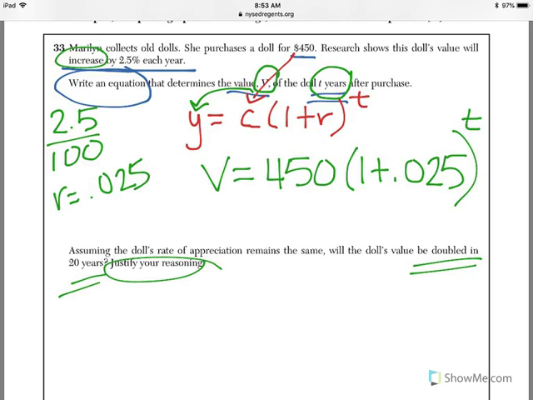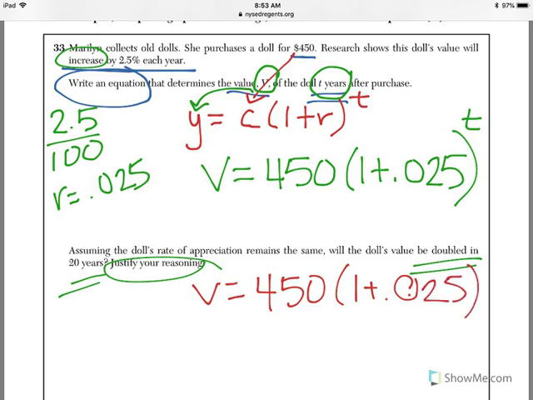So what we need to do is use the formula that we just created, and instead of keeping t as the exponent, we're going to change that to 20.